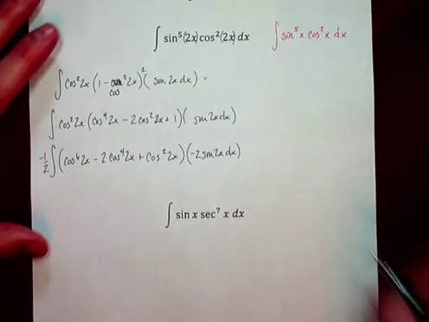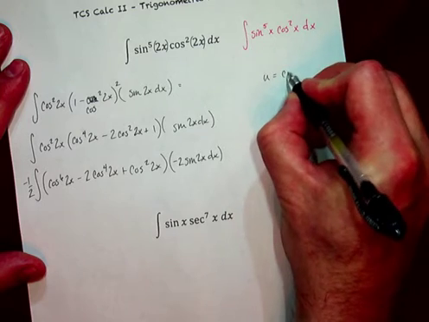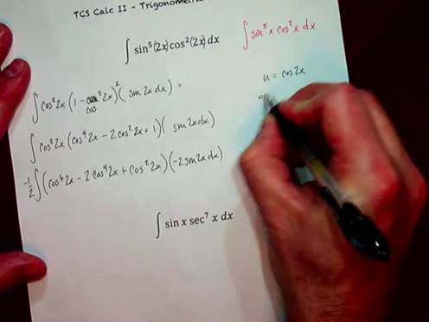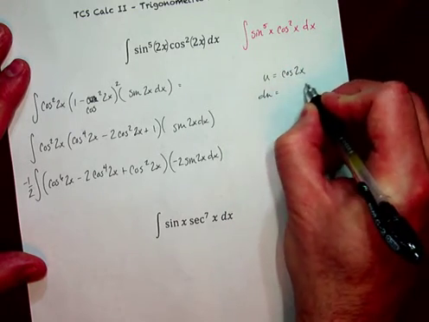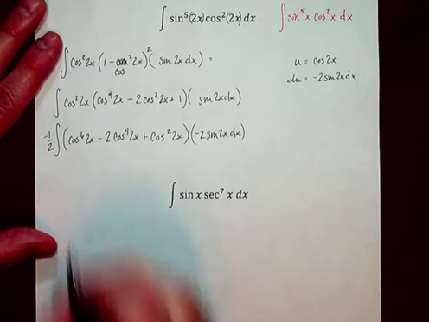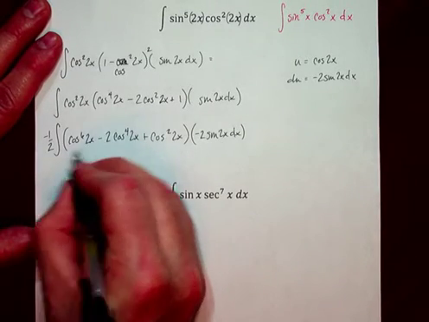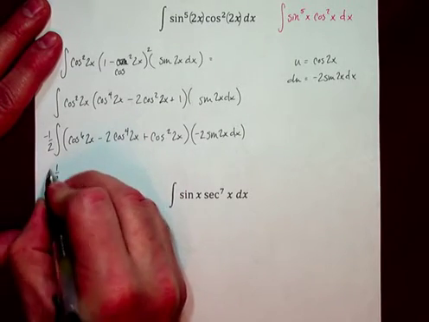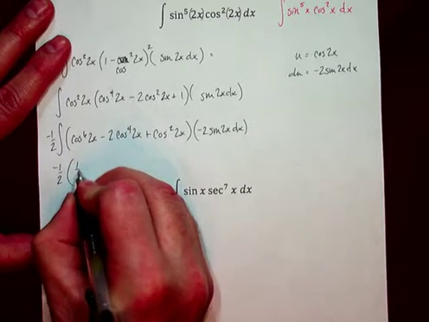Okay? Because if u is cosine 2x, then du is negative sine 2x times 2, so negative 2 sine 2x dx.